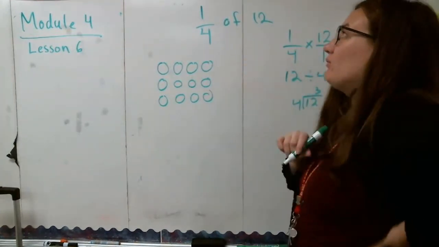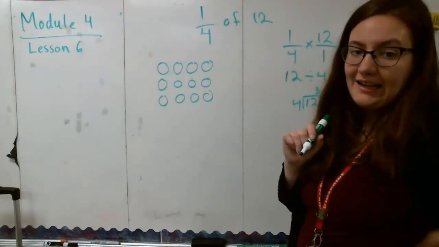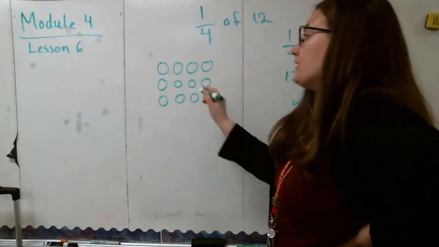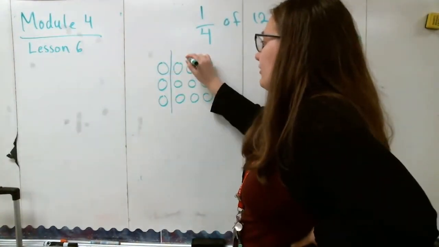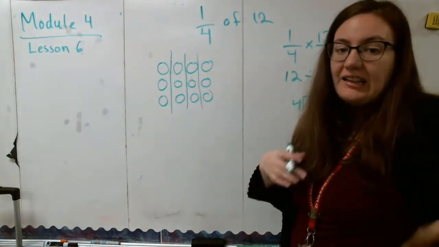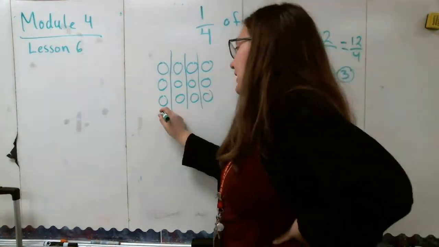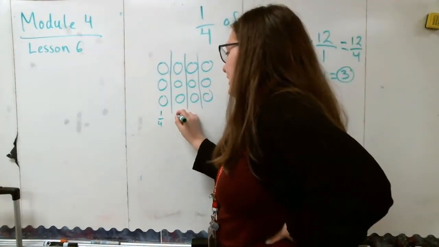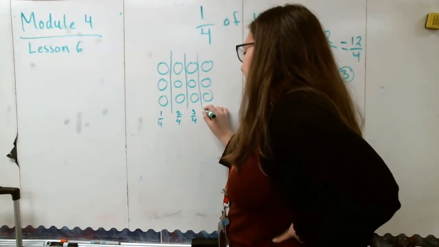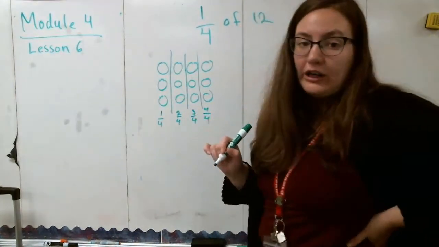And I just want to figure out what 1/4 of that is. So what I'm going to do is I'm going to split this into 4 equal groups. So for this one, I can just draw going straight down. And then just because that helps me, I'm going to label my groups. So this is 1/4, this is 2/4, this is 3/4, and this is 4/4.